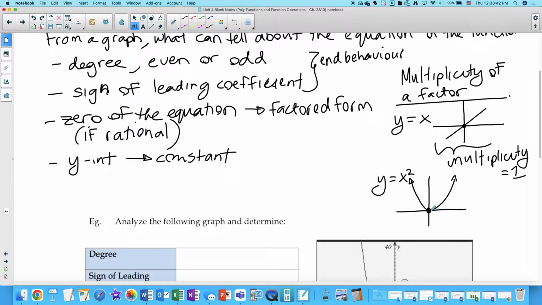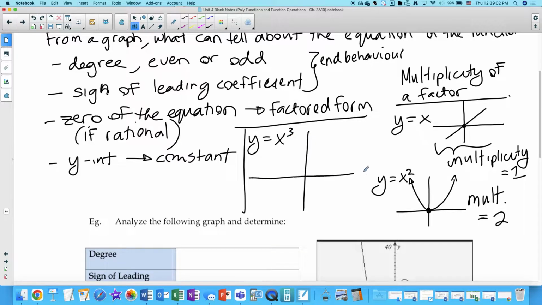Okay, multiplicity 3. This is multiplicity equals 2. If we looked at multiplicity of 3, do you guys know what this one looks like? Y equals x cubed. It looks like this. So it kind of goes like this.